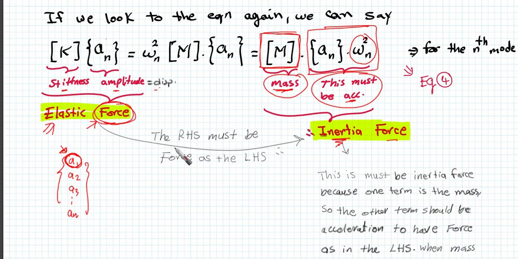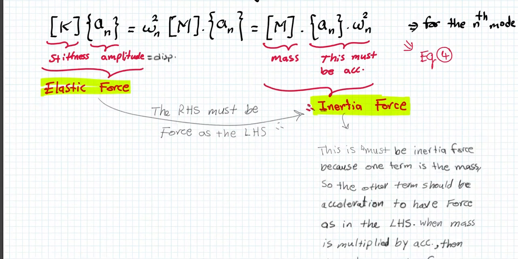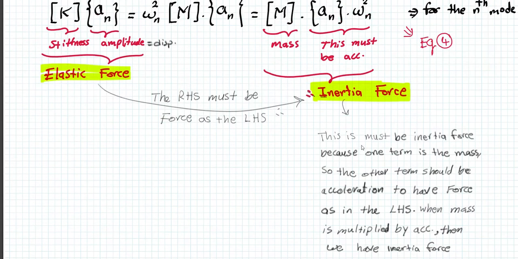So this means that the right hand side must be force as the left hand side. This is elastic force, this is inertia force. Okay, so this is an important issue we need to keep in mind. I hope that I could bring this understanding clearer to you, but it's really important to understand this item.